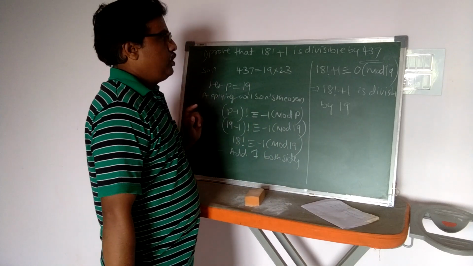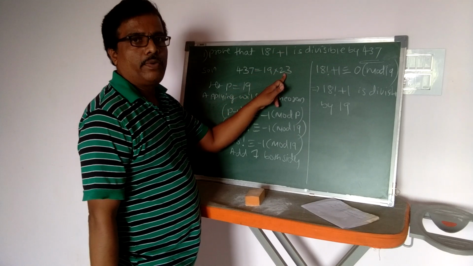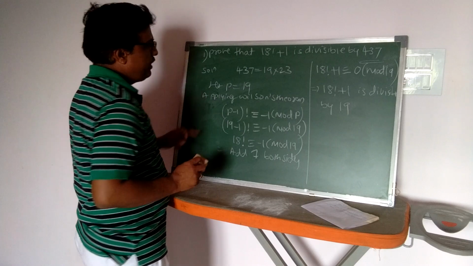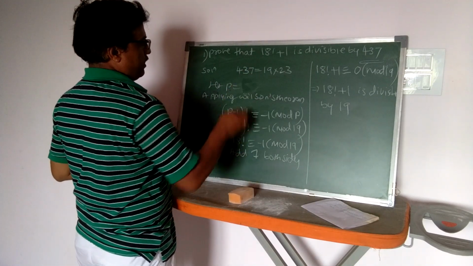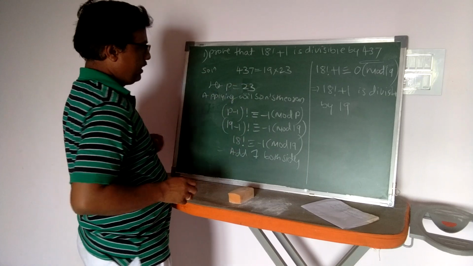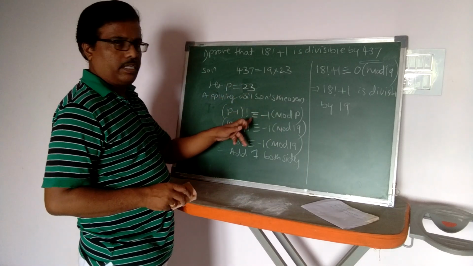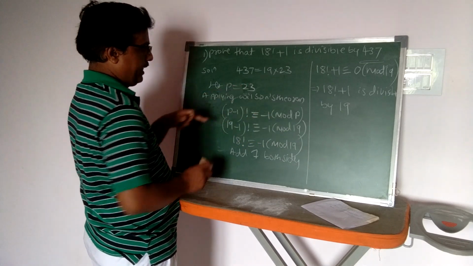So next we show 18 factorial plus 1 is also divisible by 23, right? To prove that, now we take p as 23, again applying Wilson's theorem. So that is (p minus 1) factorial is congruent to minus 1 mod p. Now here substitute p as 23.